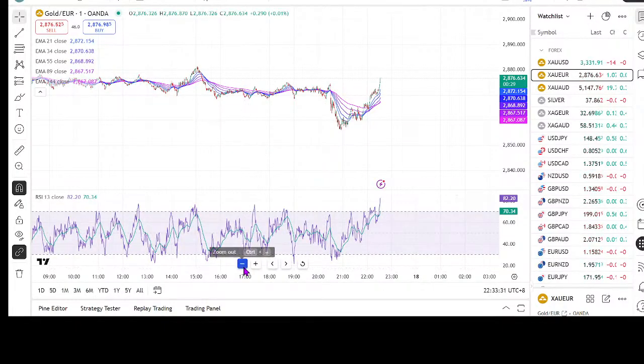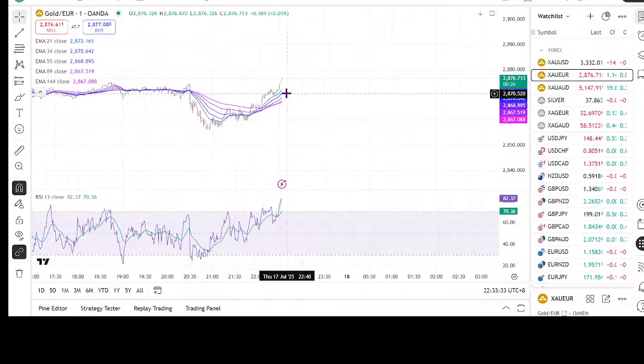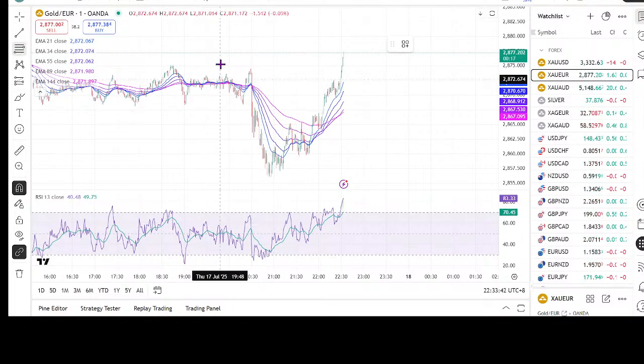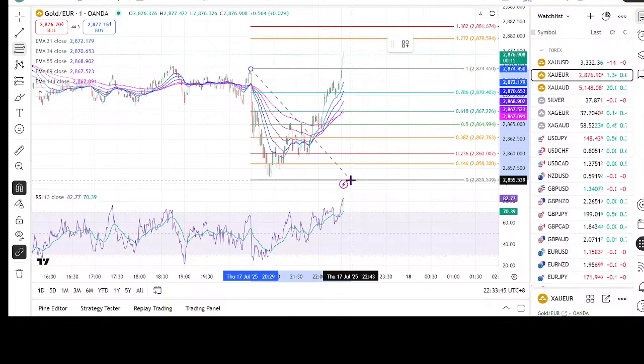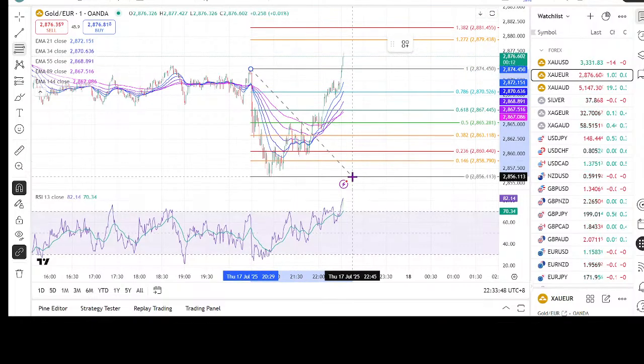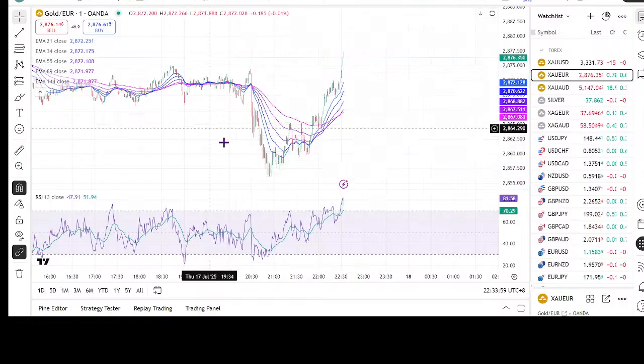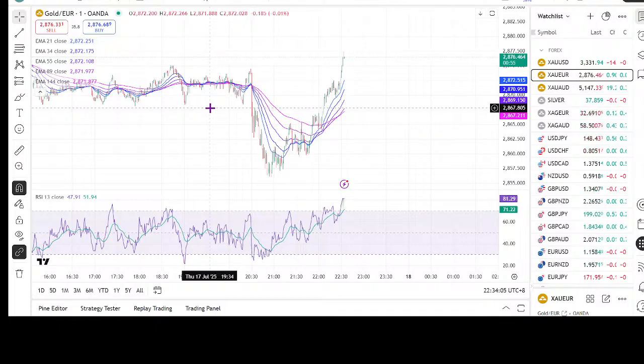Okay, of course there is a bit of risk involved, but let's see. Since this is, okay, what I'm going to do, I'm going to take a bit of risk on this euro.